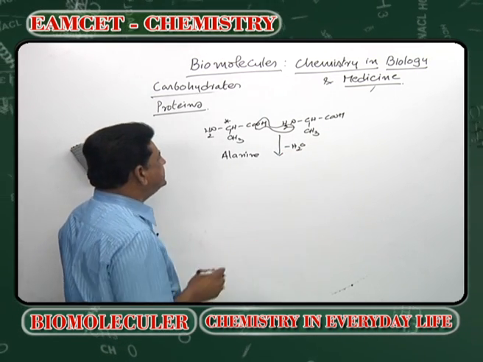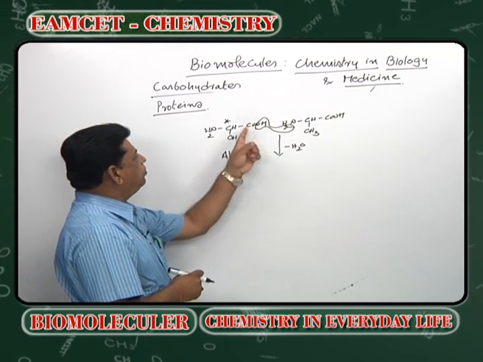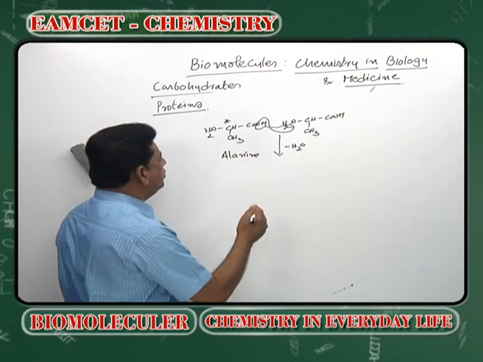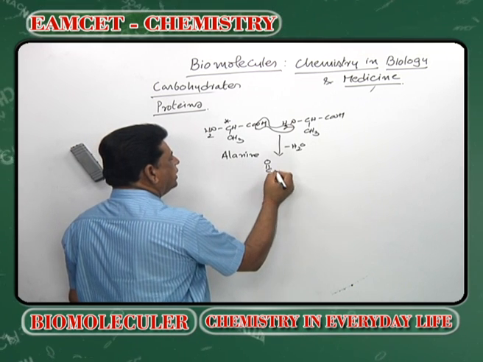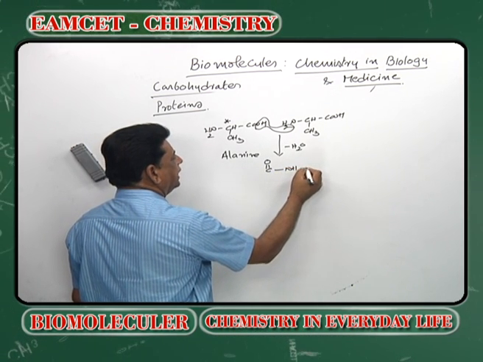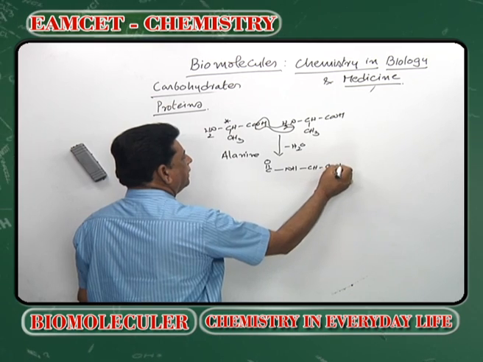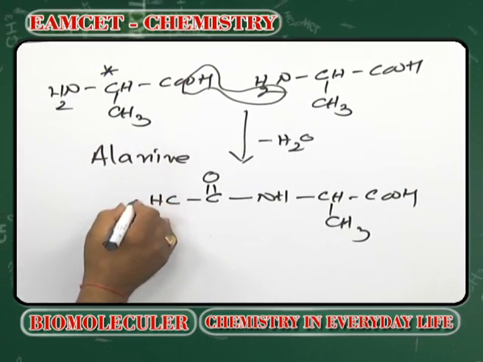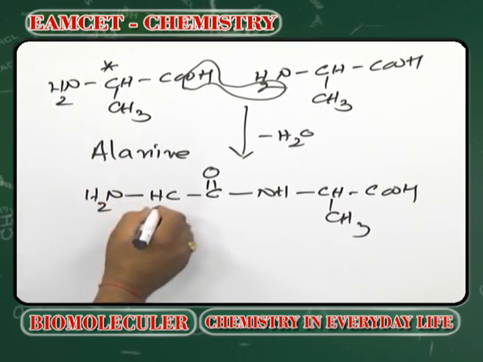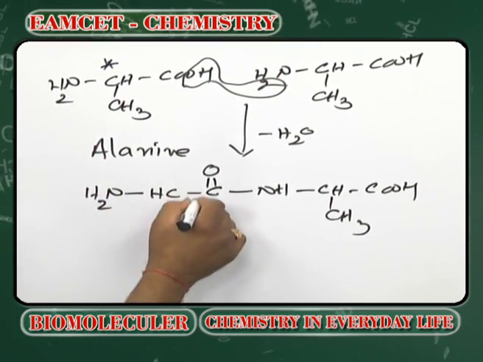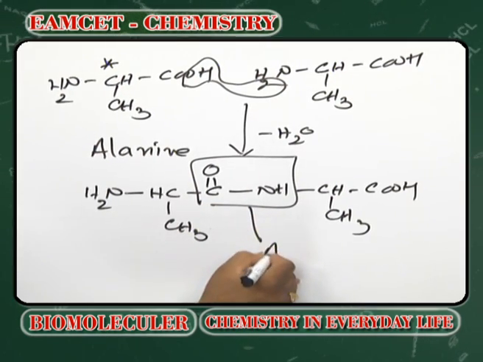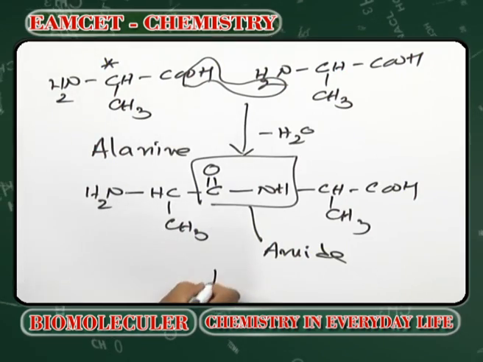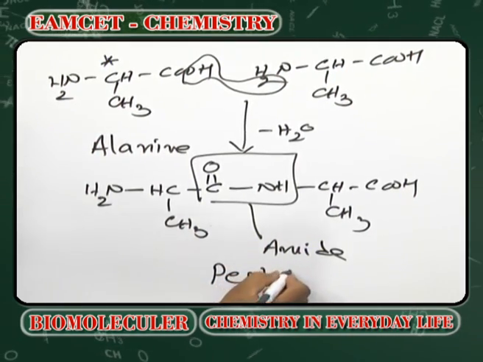So two amino acids are reacting: the acid group of the first amino acid and the amino group of the second amino acid react, and there comes one CONH grouping. This type of CONH group is known as an amide bond. Chemically it is known as an amide bond, but biologically it is known as a peptide bond.